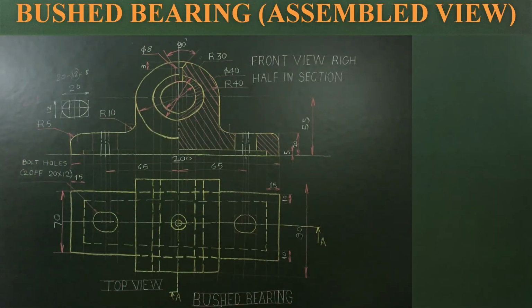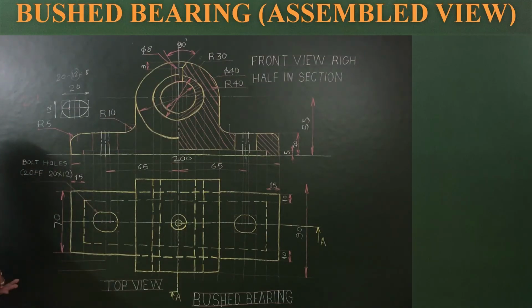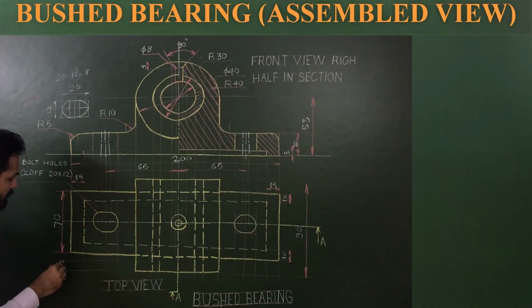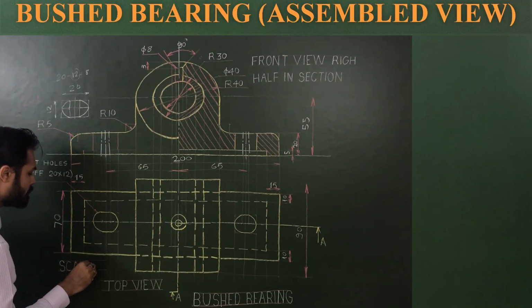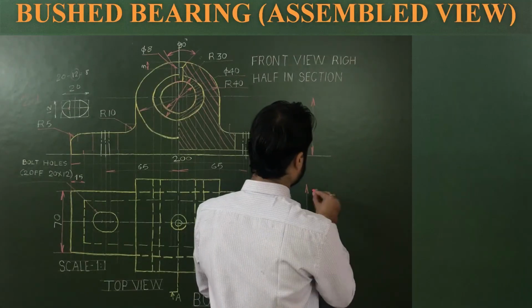Okay, then scale used and symbol. The scale used is 1:1, so write scale 1:1, and last the symbol of first angle projection.